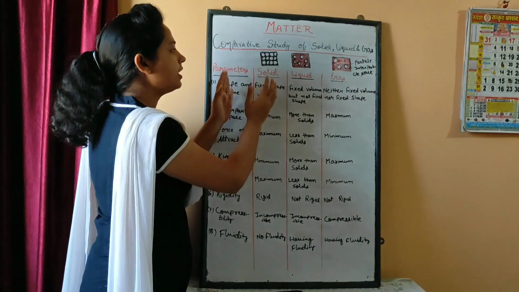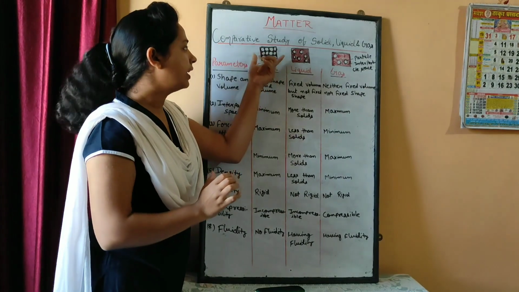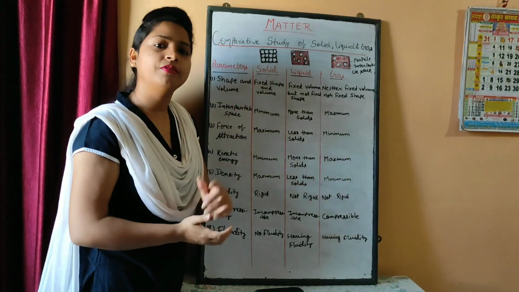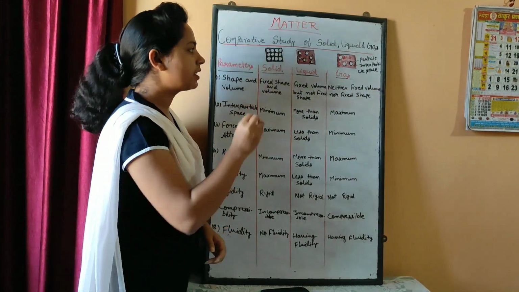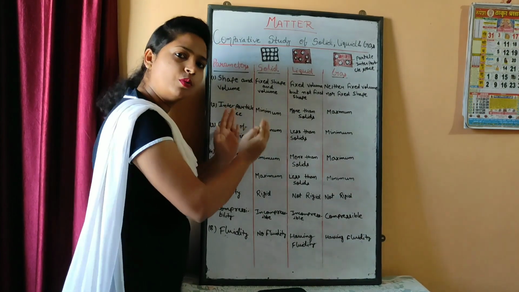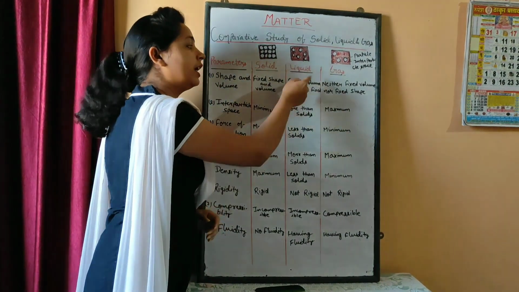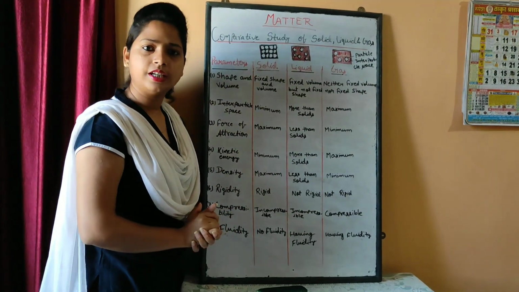So since solids have compact arrangement, solids are tightly packed, that's why their shape and volume both are fixed. Got it? Similarly, in liquids the interparticle space is more than the solids, that's why their volume is fixed but their shape is not fixed. Clearly?